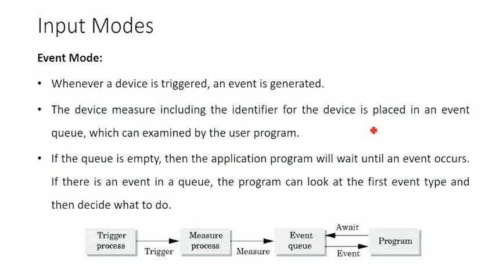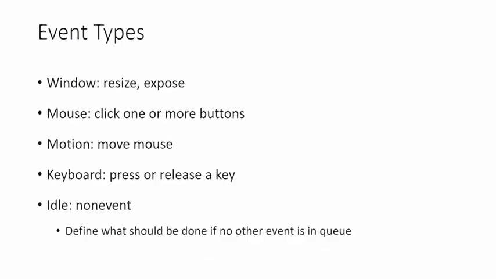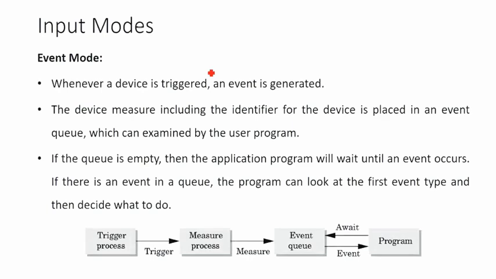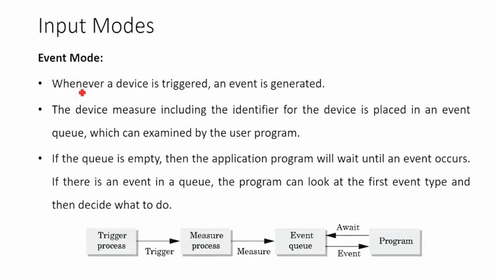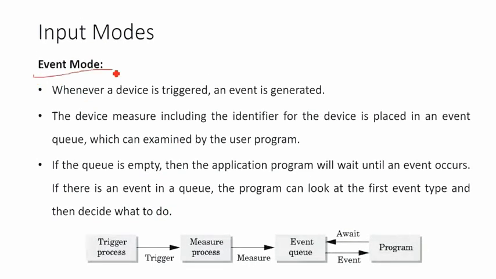To illustrate this scenario, I gave you an example of a game which uses keyboard but not mouse. Even if you click a mouse, it would be enqueued, but your program ignores that measure. When you press a key on the keyboard, it would capture and process that input. That is the basic principle behind the event mode.